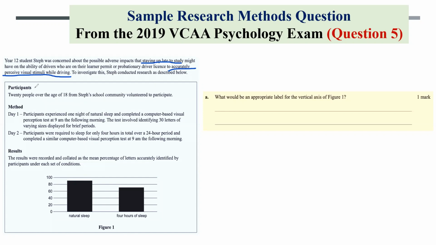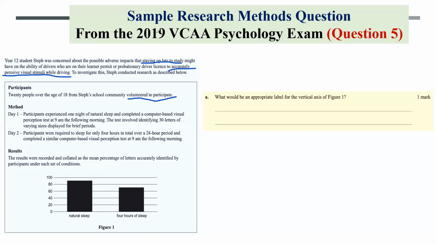So she's given us a quick excerpt of her research report. The participants, 20 people over the age of 18 from Steph's school community, volunteered to participate. So what type of sampling are we using here, guys? When someone volunteers, what type of sampling procedure is that?